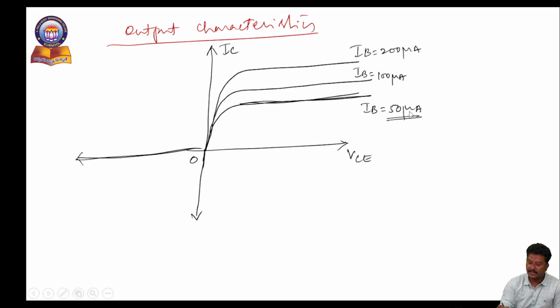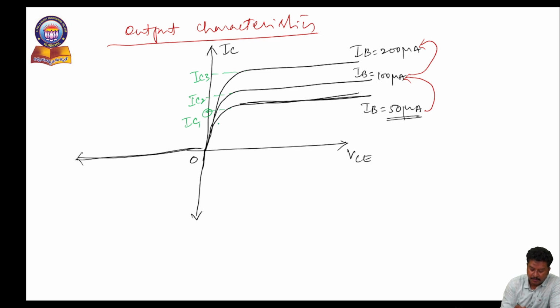As IB current is varied from 50 microamperes to 100, from 100 microamperes to 200 microamperes, simultaneously we have to observe that at the 3 points IC is also varied from IC1 to IC2, from IC2 to IC3. So this is the case what we have to observe.